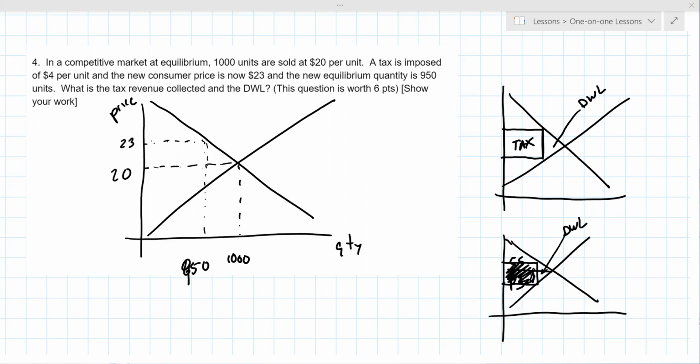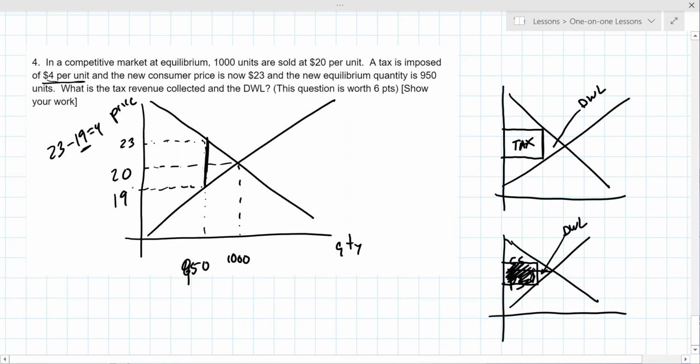The tax imposed is $4 per unit. Since we know the new price is 23, that $4 has to be this height here. So that means this is 19, because 23 minus 19 equals 4. So that 19 is what we didn't know.